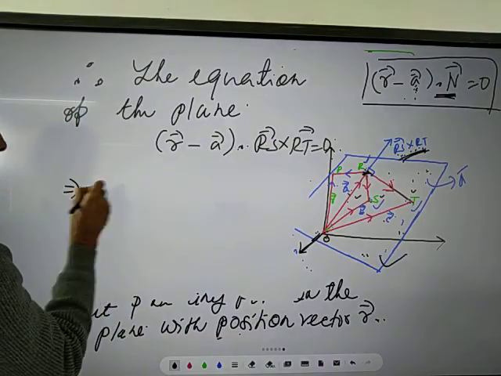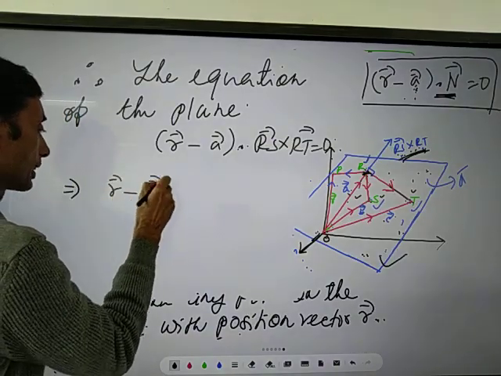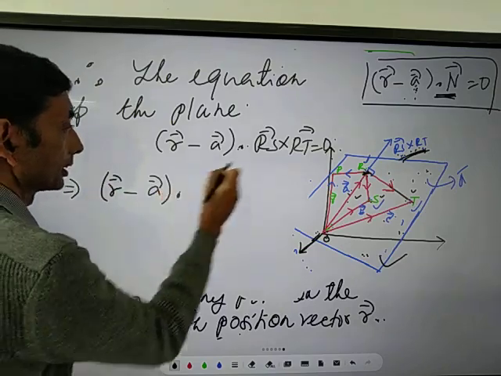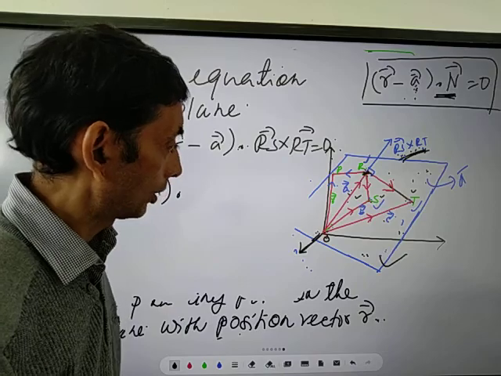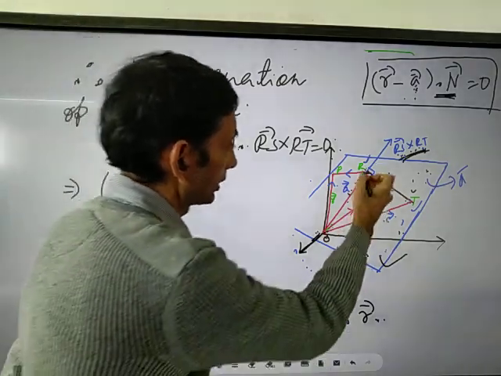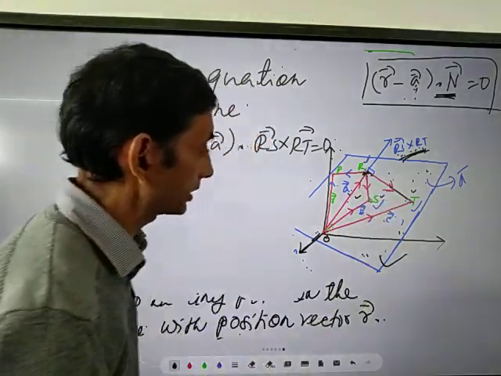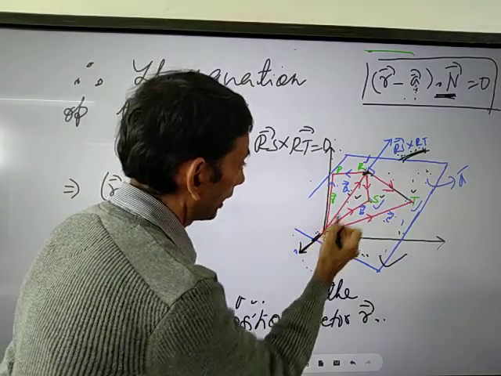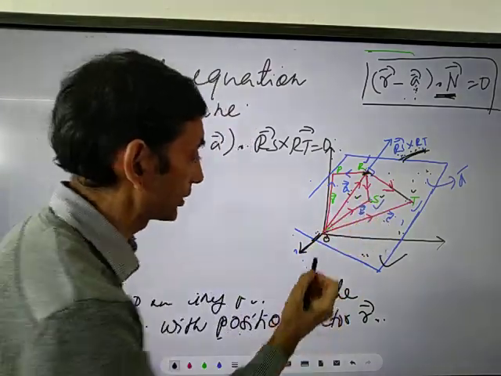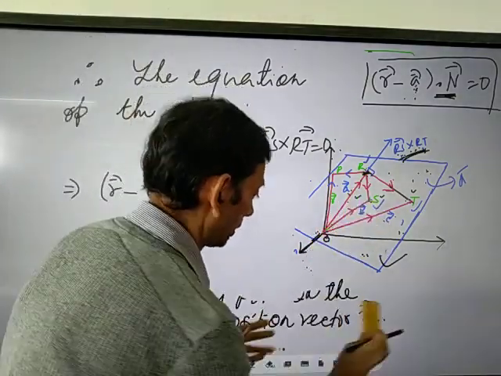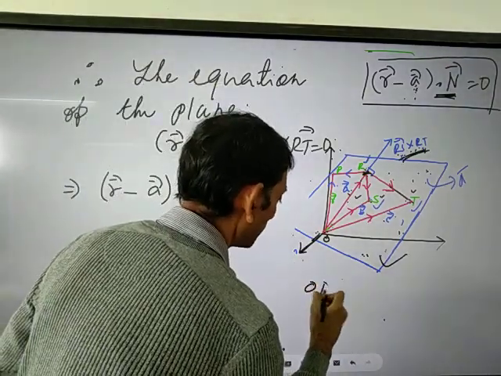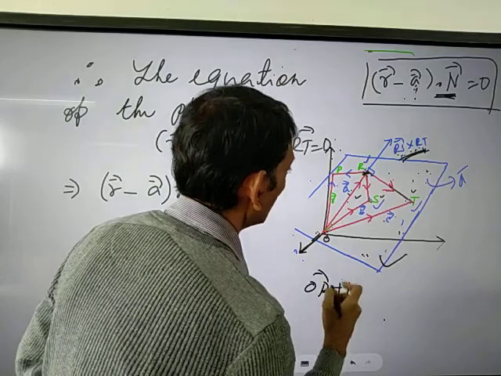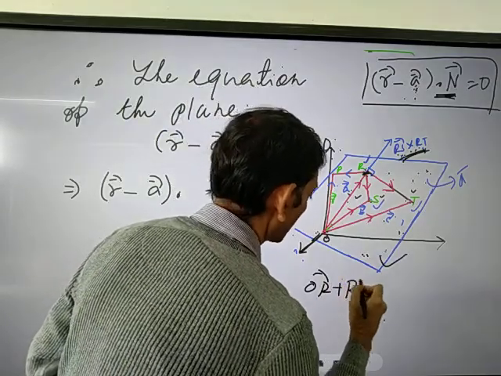So this implies we'll keep R minus A as it is. Now you can write the value of Rs. What is the value of Rs by triangle law of addition? OR plus Rs equal to OS.